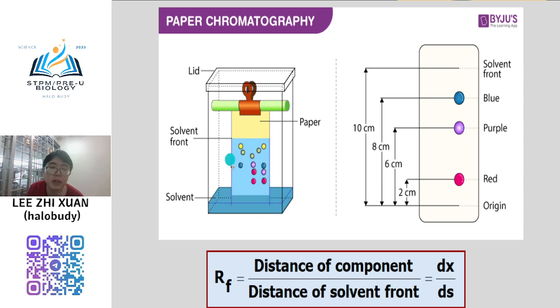This one is your paper, in paper chromatography. You look at a special paper, not like the A4 paper that you use in your book. This is a special paper.